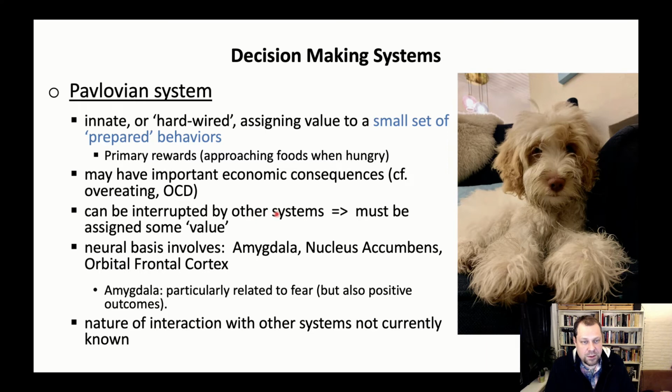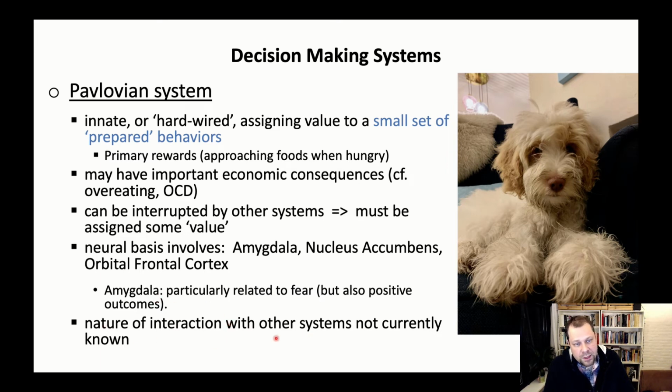It can be interrupted by other systems, because obviously we can stop ourselves from overeating, but it is sometimes relatively difficult. And in terms of the neural basis, this system involves the amygdala, the nucleus accumbens, and the orbitofrontal cortex, where the amygdala is particularly related to fear, but as we discussed in the emotion lecture already, the amygdala also relates to positive outcomes, and it cannot be assigned one specific behavioral correlate.